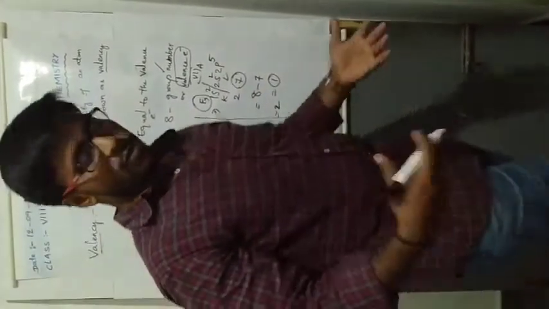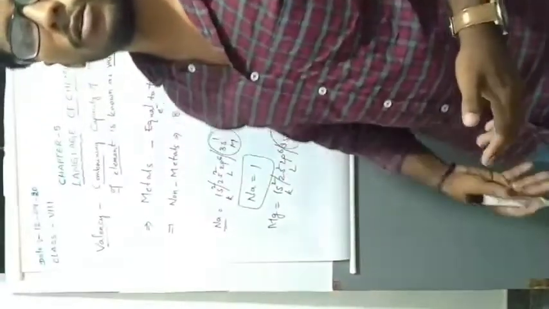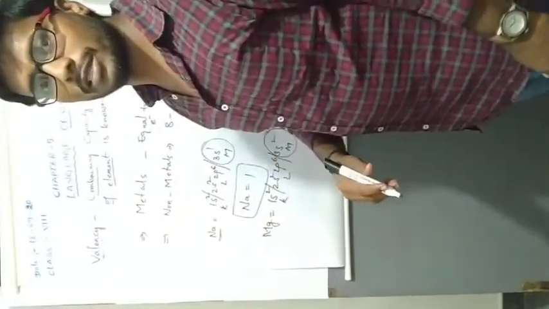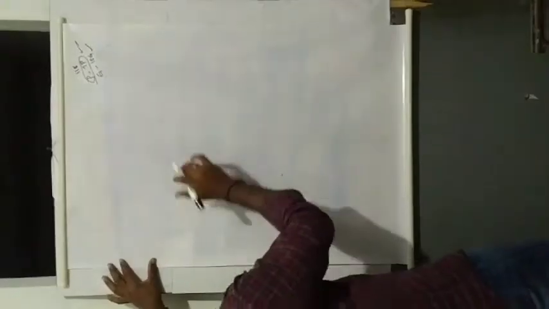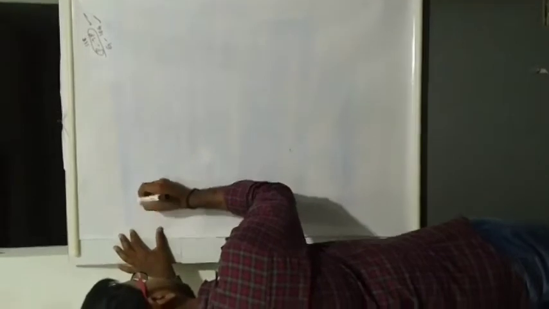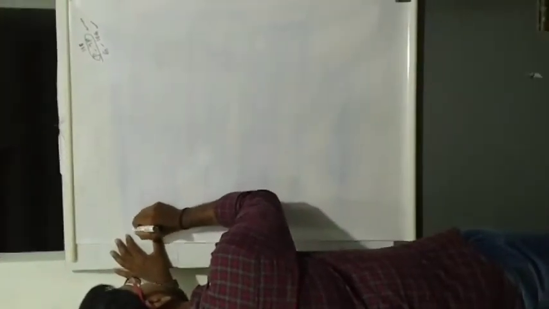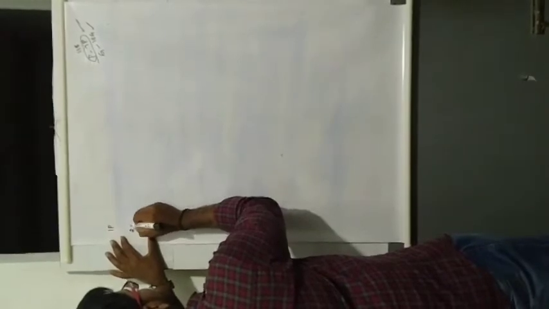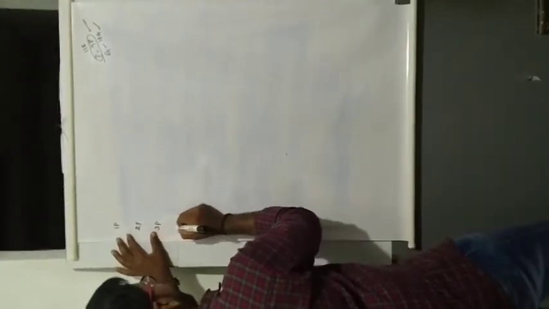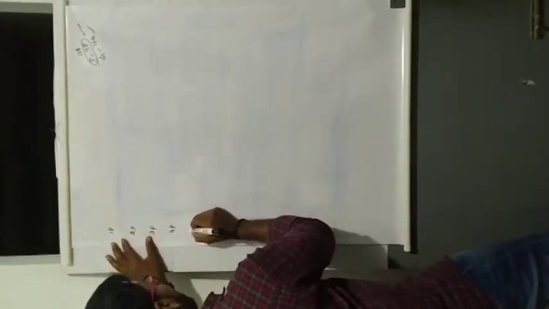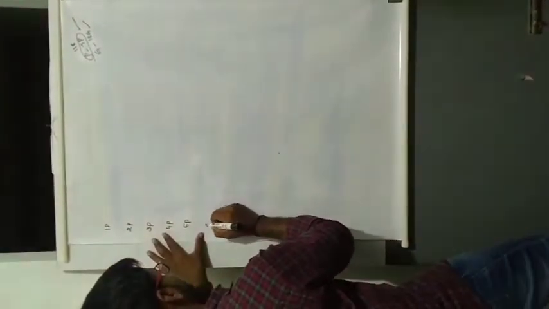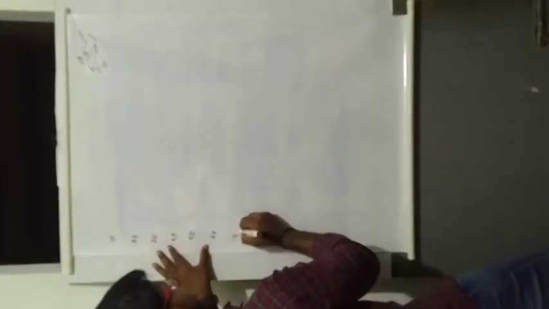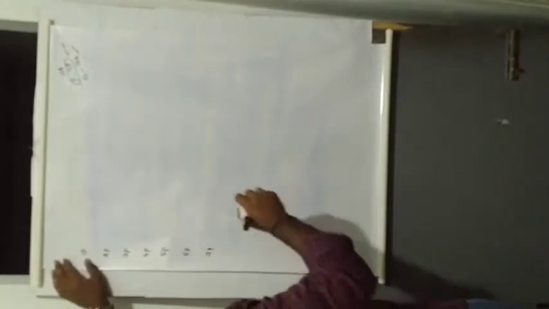Now we discuss all the group numbers, how to find the valence electrons from the 1A group to the 8A group elements. In the periodic table, we have the first period, second period, third period, fourth period, fifth period, sixth period and seventh period, and the groups.